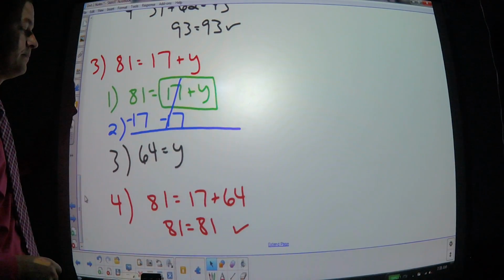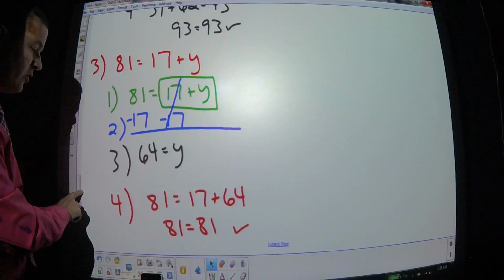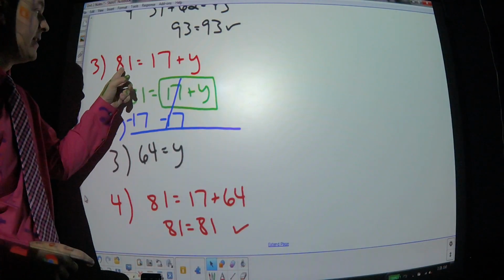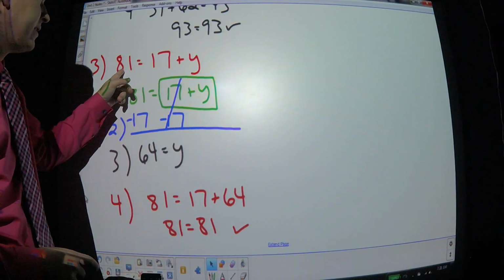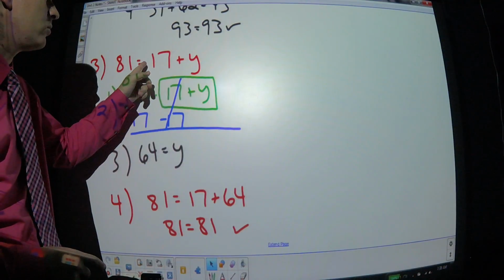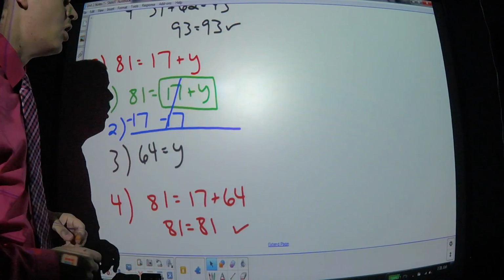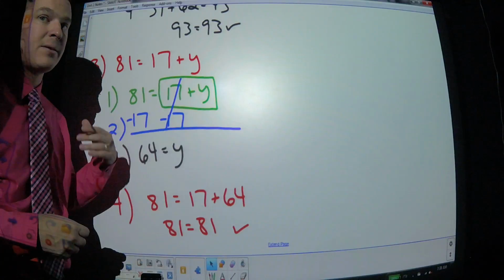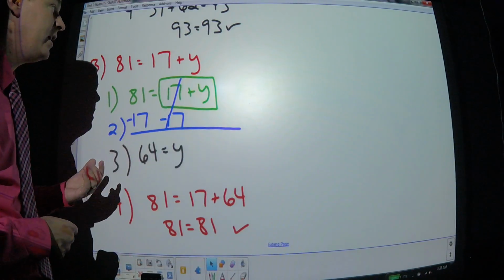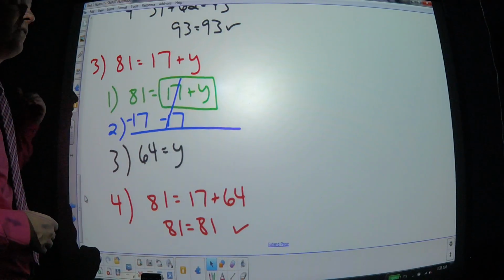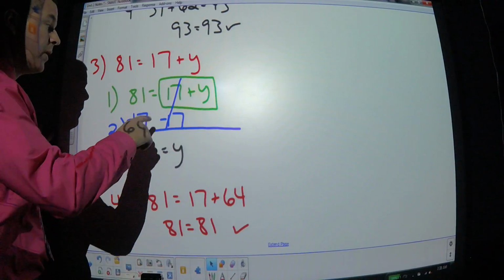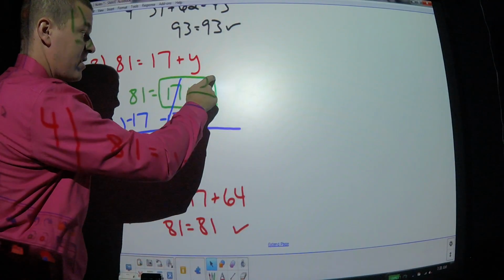Problem 3. We need to go ahead and identify our variable. Notice the problem: 81 is equal to 17 plus y. Notice that it's not the same order as the previous two problems. The variable is not on the left side like the other ones. In identifying, we notice that the variable is on the right side.